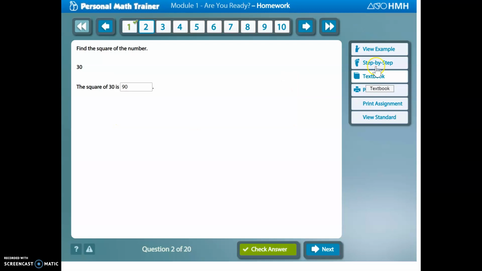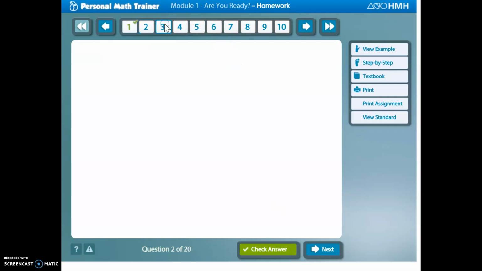But there are also different options on the side. You can go into view example and it'll show you what to do. It told you to take 30 times 30, so the answer is 900. Now you would have to go back and try another, and it's going to change the number for you. So now you have 12 times 12 to put that answer in there. So that's one way to do it.